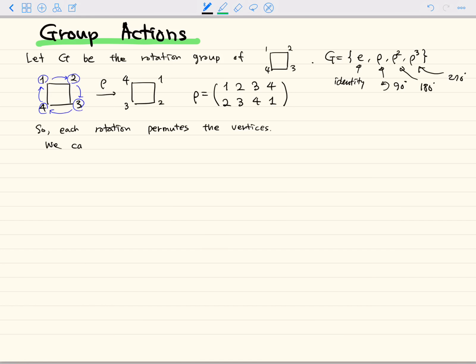We can also observe that the rotation, or any motion of this square, also permutes the diagonals.